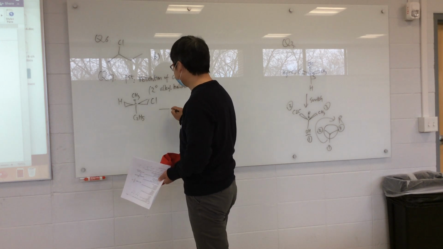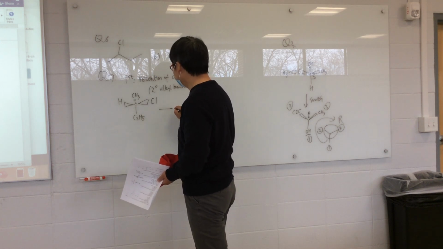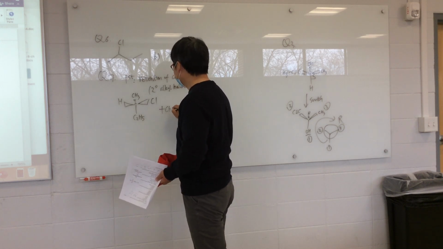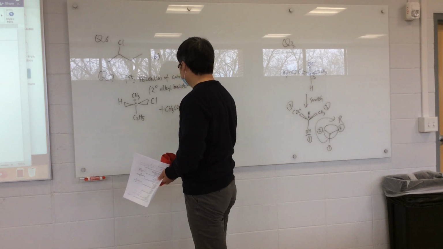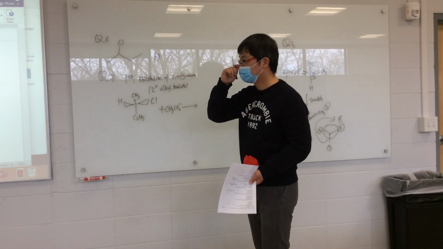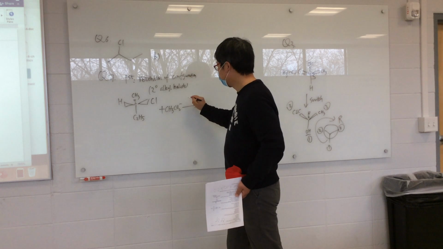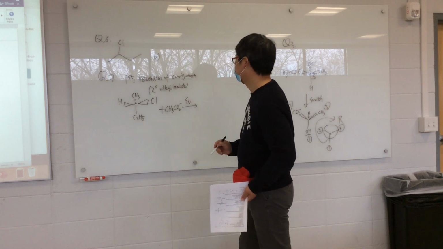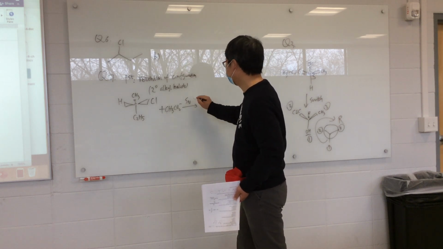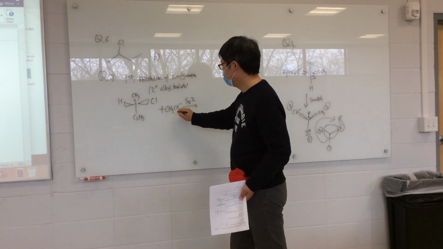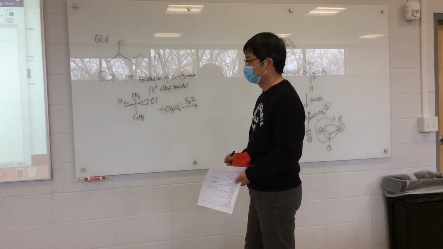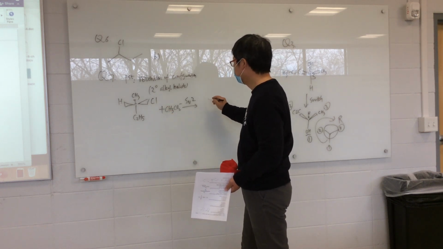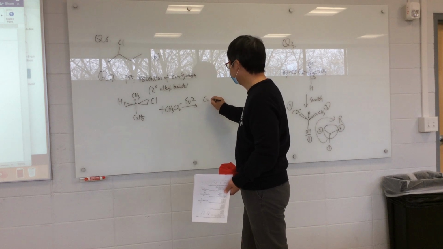So the second step will be an SN2 reaction, and this will replace that. When this occurs, there will be inversion of configuration.